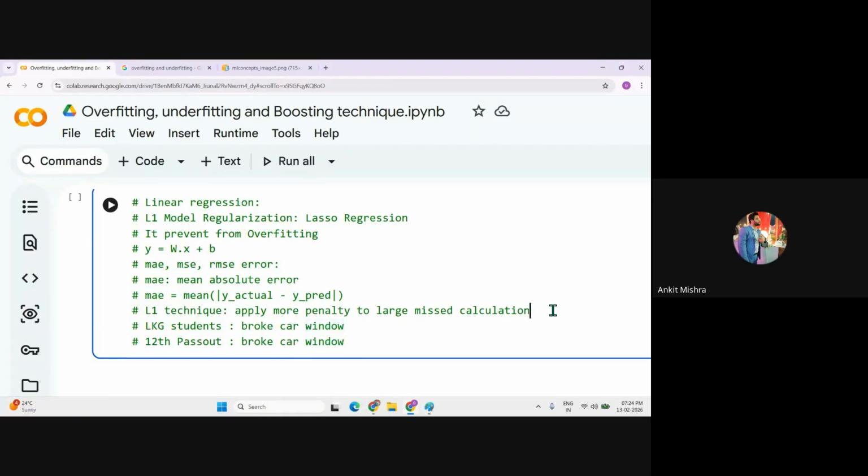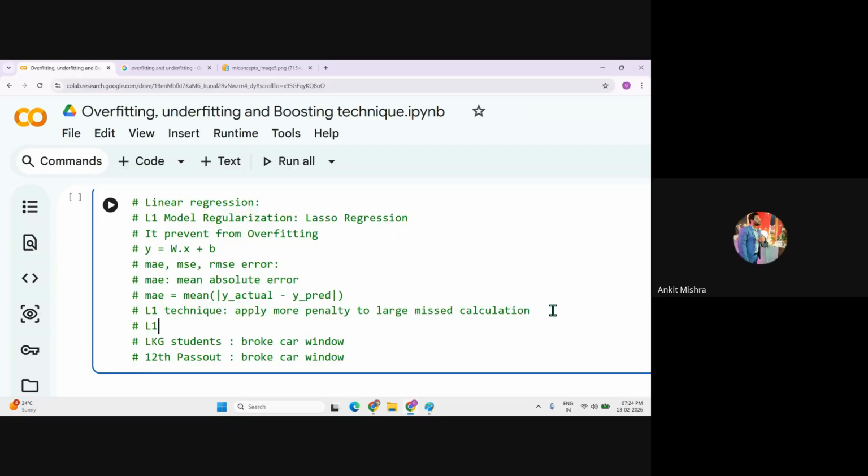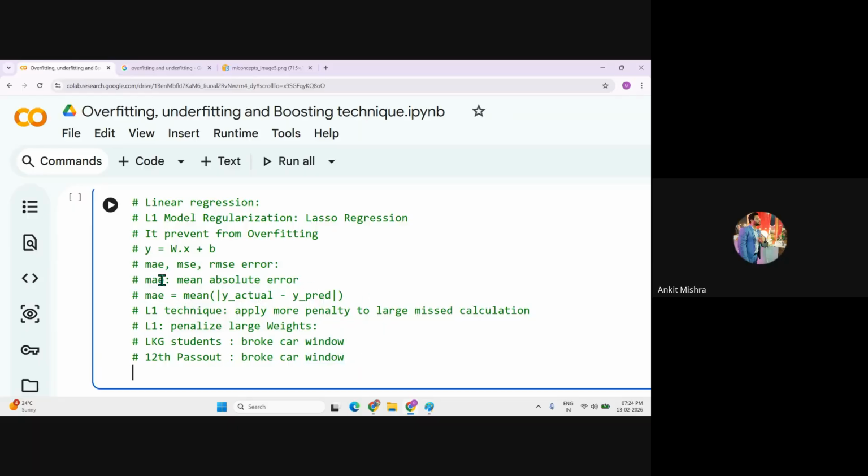So you can simply write this as: L1 penalizes the large weights, like large W value. Okay. So instead of calculating using this MA, it has a different loss formula.